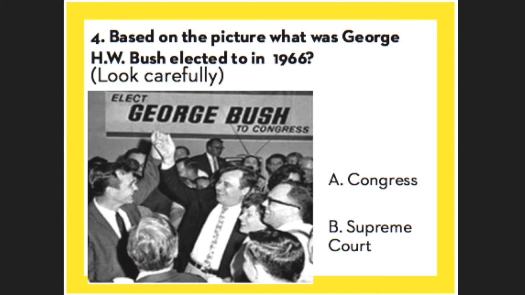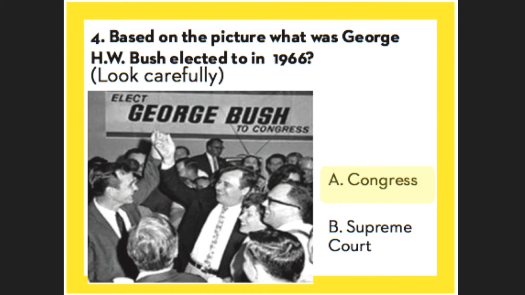And let's look at the answer. And the answer is A, Congress. So if we look closely at this image right back here, we see it says, elect George Bush to Congress. Okay, very good observation, y'all.